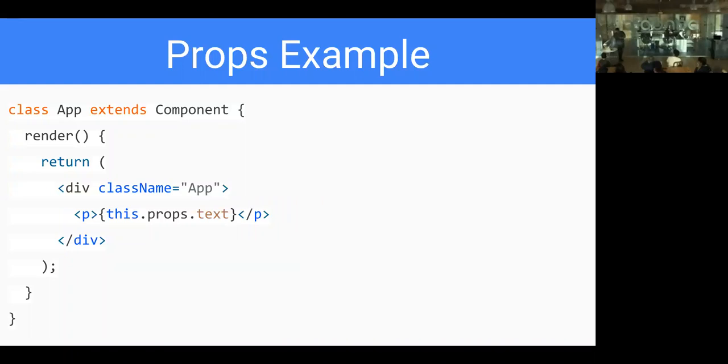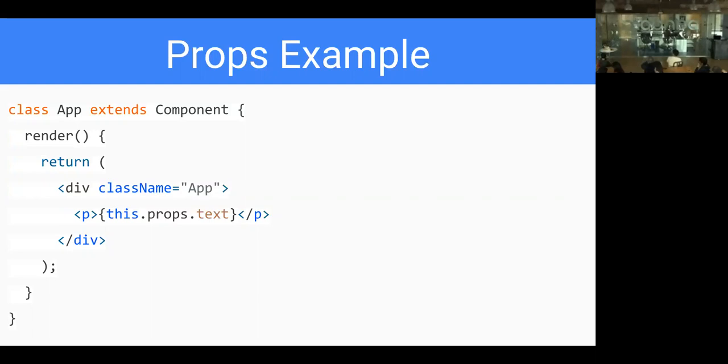And one other thing that I didn't mention yet is that these curly braces mean I'm executing JavaScript inside of here. So you could put any arbitrary JavaScript you want inside of the curly braces, right? I could say this.props.text.toUpperCase(), and it would turn whatever text I pass in to all uppercase, for example. Or you could have some really complicated code that does a lot of things.